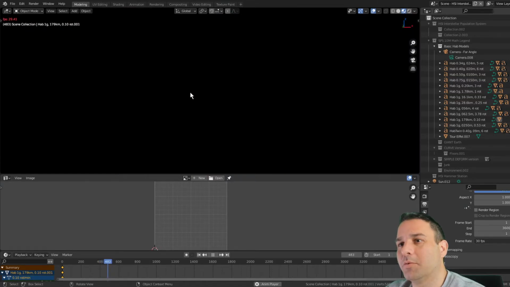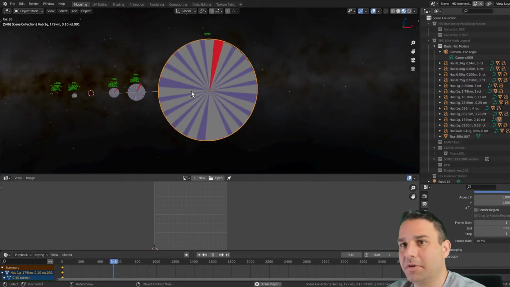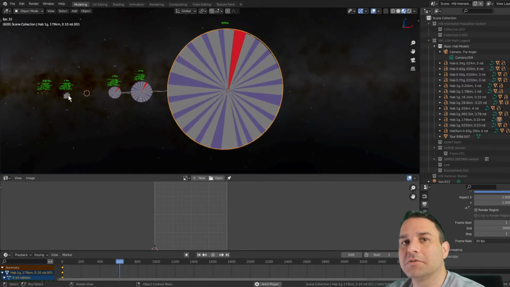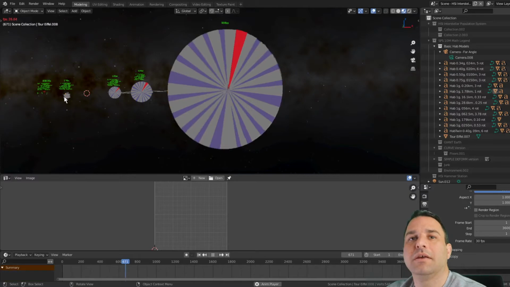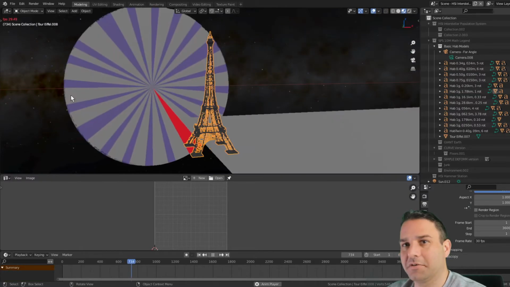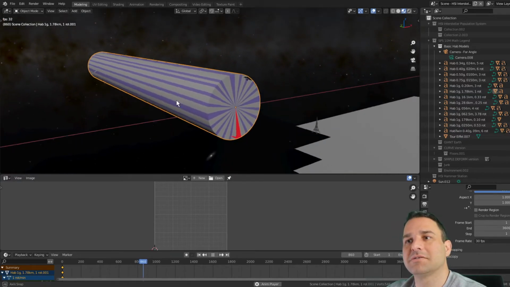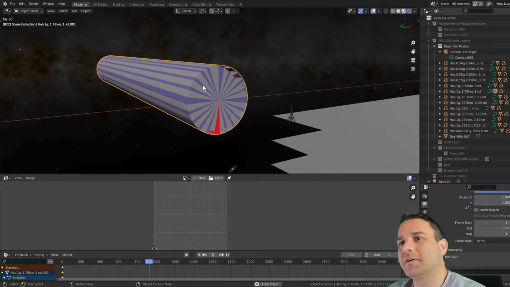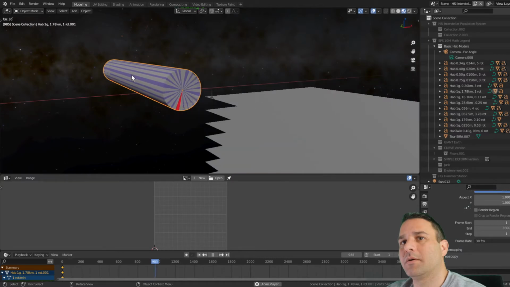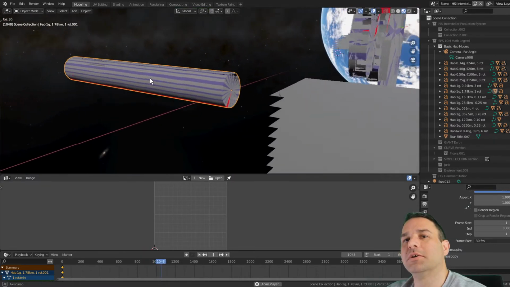Personally, I'm a little bit more enthusiastic about smaller ones like this one, which I would consider to be like a city size. This is more like an O'Neill cylinder.